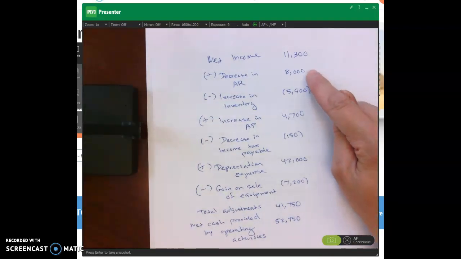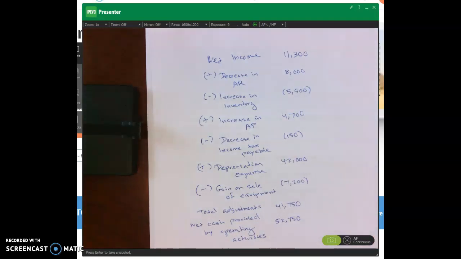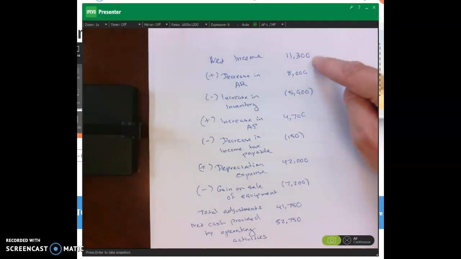So for example, we can record a sale, whether or not we got cash right away. But that is also different than when we receive the cash. So the statement of cash flows cares about when did you get the cash. The income statement says, well, when did you make the sale? And those can be two different points in time, two different accounting periods. So there are timing differences. Okay, so the first one is timing differences. That's why we have some discrepancies between net cash provided and net income.